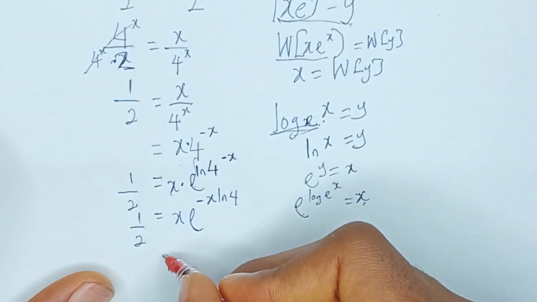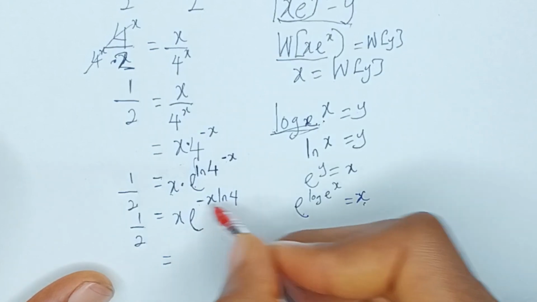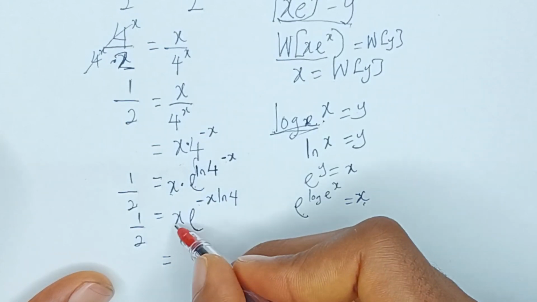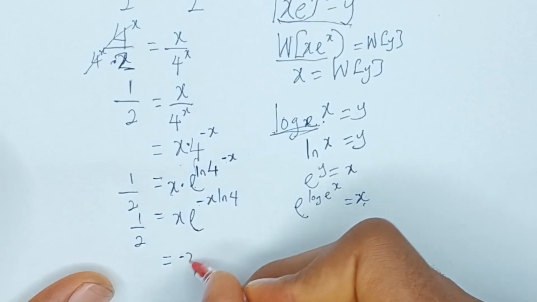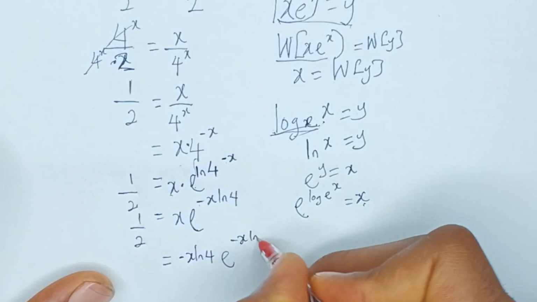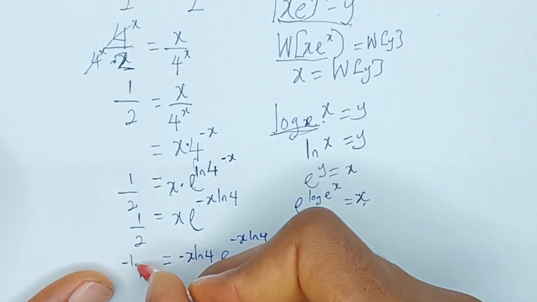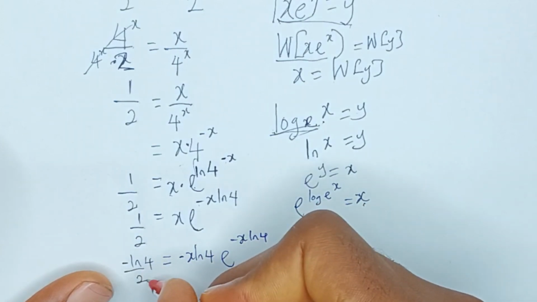Now this boils down to become equal to what? Let me choose to multiply both sides by negative ln 4. So I have x times negative ln 4 is negative x ln 4, e raised to power negative x ln 4. And then we have 1 times negative ln 4 is negative ln 4 all over 2.